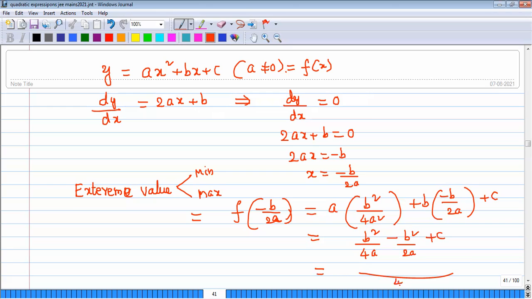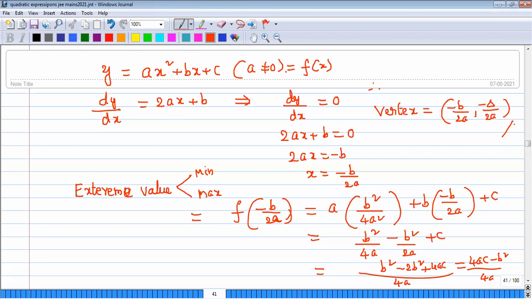If you take LCM 4a, what do you get? b square minus 2b square plus 4ac. So this is nothing but 4ac minus b square by 4a. Is it clear or not? Therefore, vertex, generally what do you write? x comma y. Here x is minus b by 2a, comma y value. This y value is equal to 4ac minus b square by 4a. That can be written as minus delta by 4a.